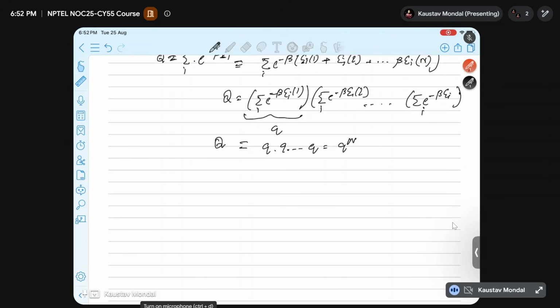This is the case for distinguishable independent particles.